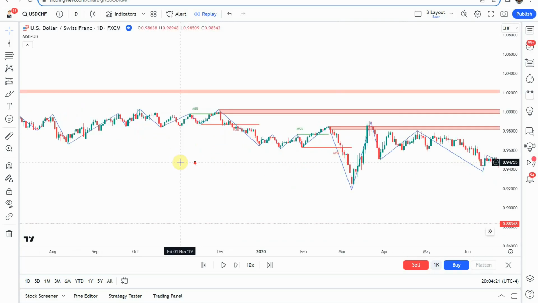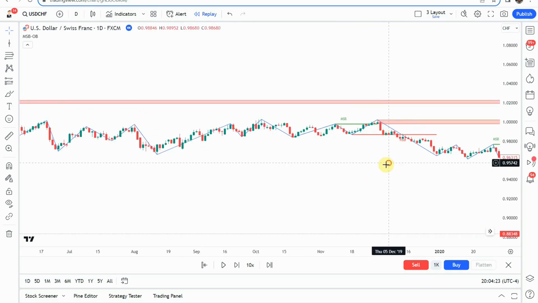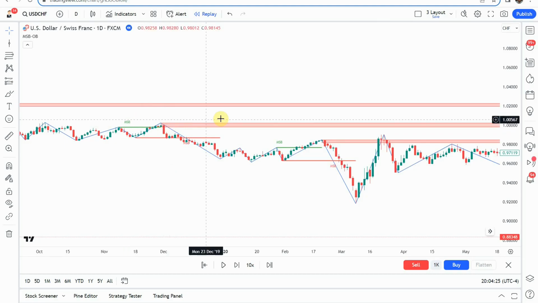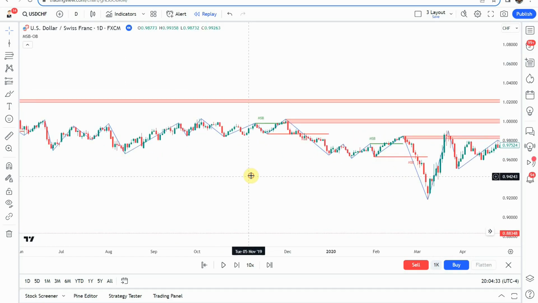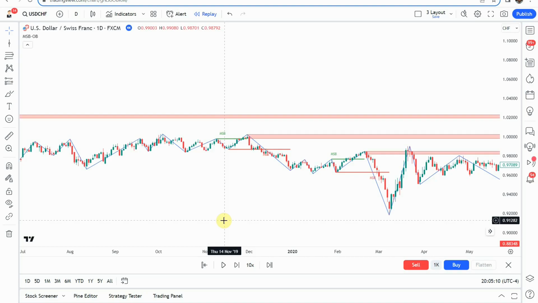And then it is displaying when we get a break of the structure, basically the break of the support and resistance area.